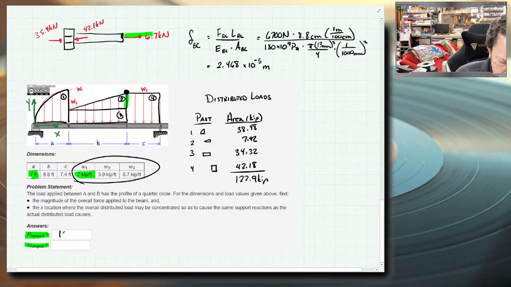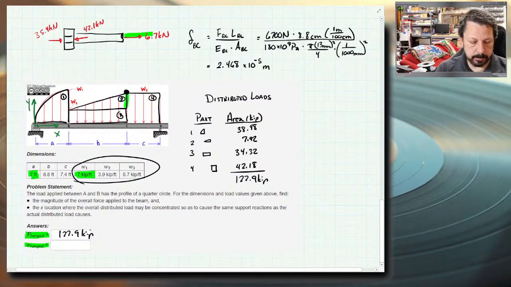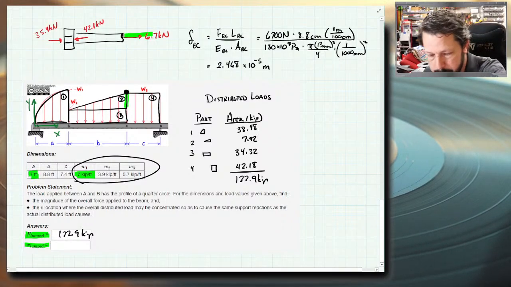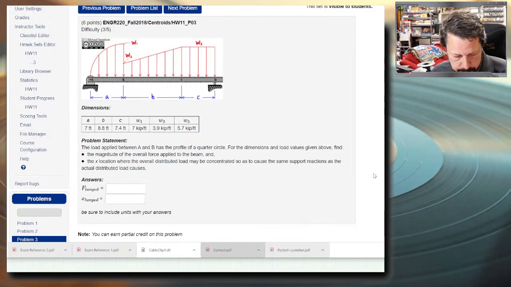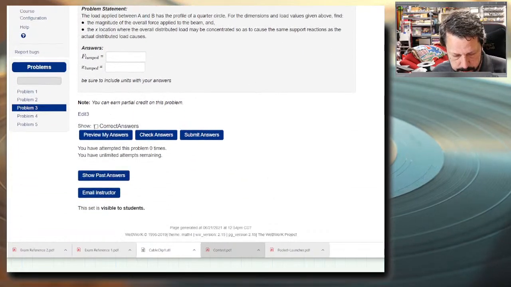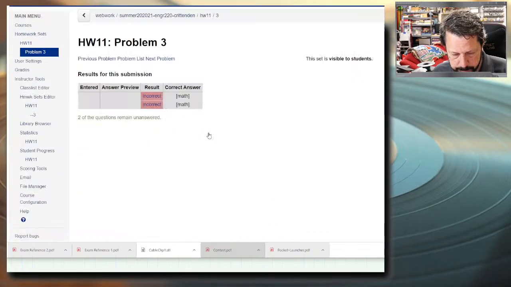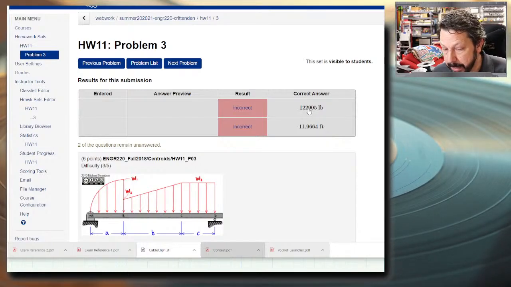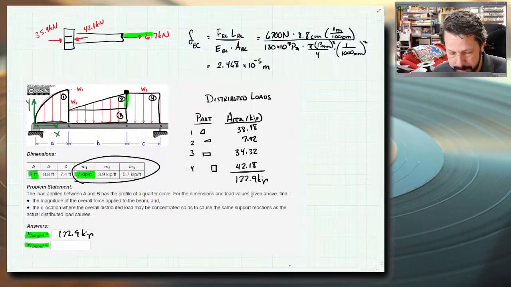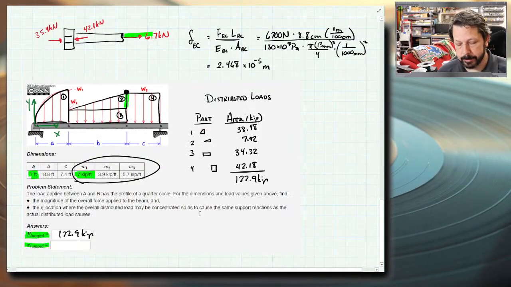That should be the entire lumped load. Let's see if we are correct. Well, they have it in pounds, but 122.9 kips would be the same thing as 122,905 pounds. So we did do that correctly.